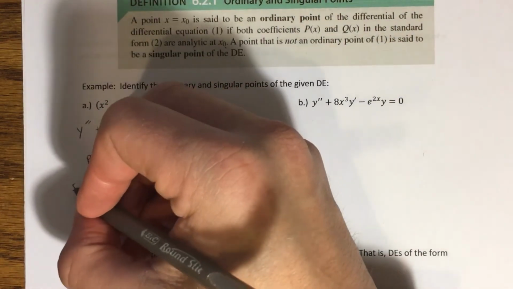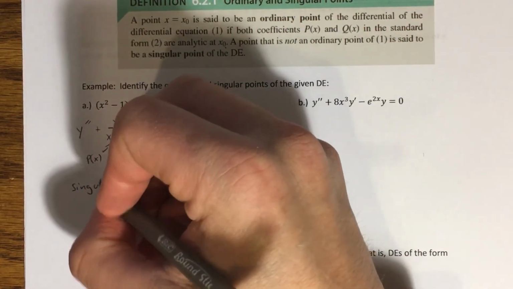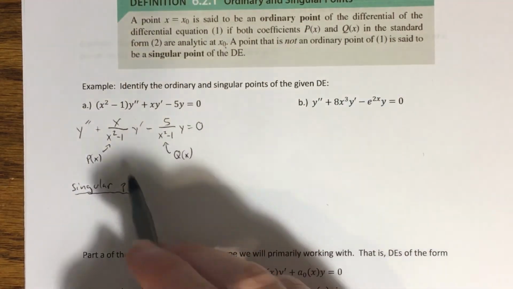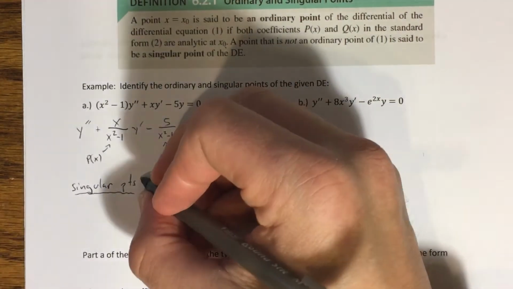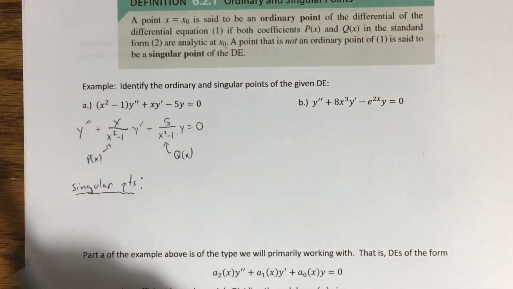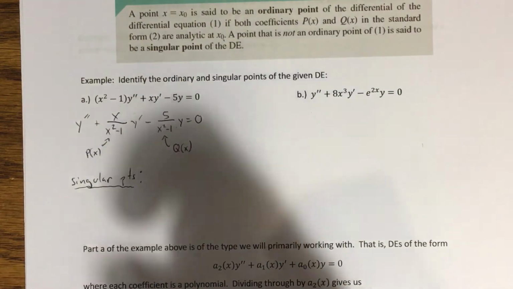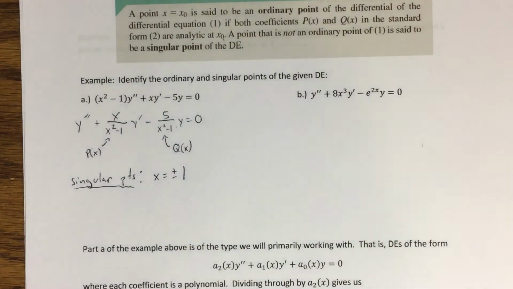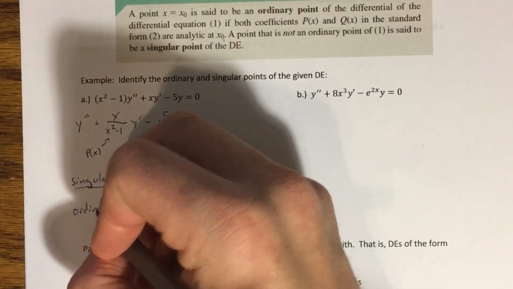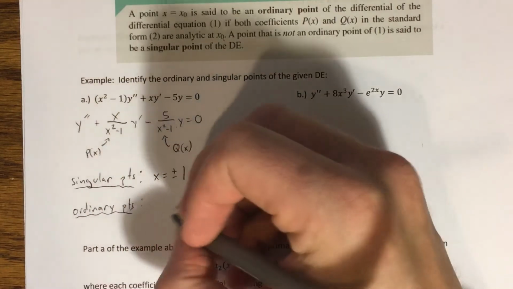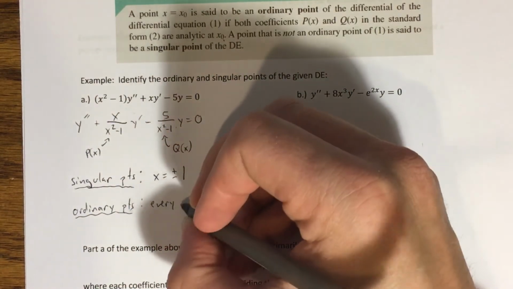So the singular points for these two functions are exactly the zeros of the denominators, because those are going to be the values for which neither of those functions are defined. And that would be x equals plus or minus 1 in this case. The ordinary points are literally everything else.